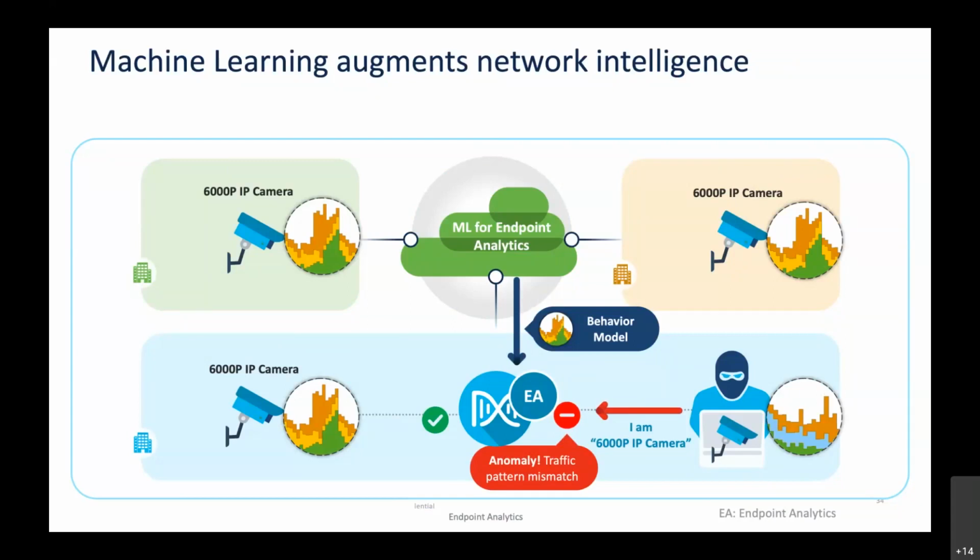So Endpoint Analytics will classify this as an anomaly and identify that some sort of spoofing behavior is occurring here. It will alert the admin and, of course, give you the option to use an ANC policy and take action on that particular endpoint.